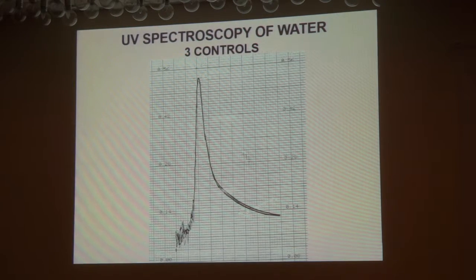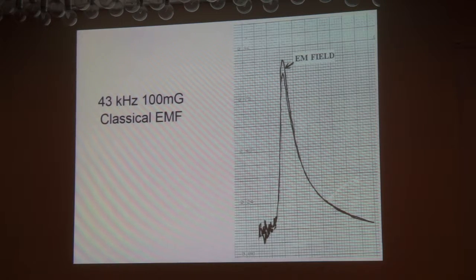Okay, so here's a typical tracing from 3 controls. They're virtually superimposable. You can see that they vary a little bit here, but the controls are pretty constant. Here's an example of a classical electromagnetic field.